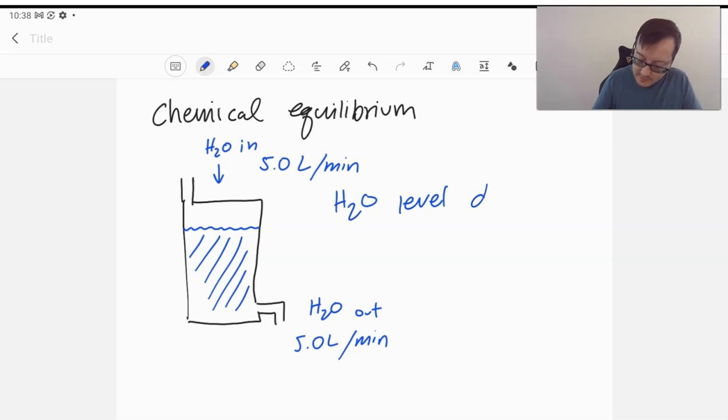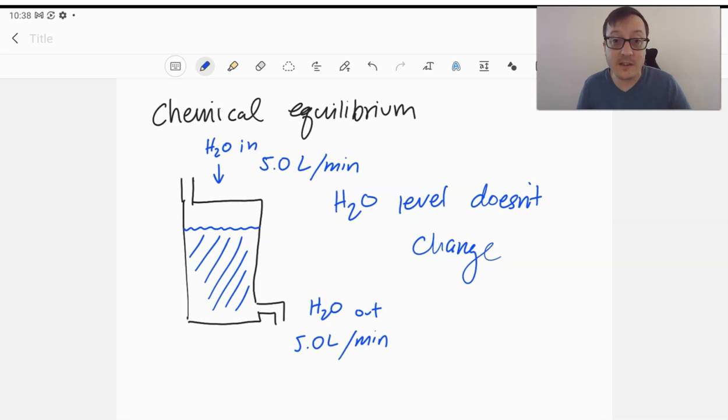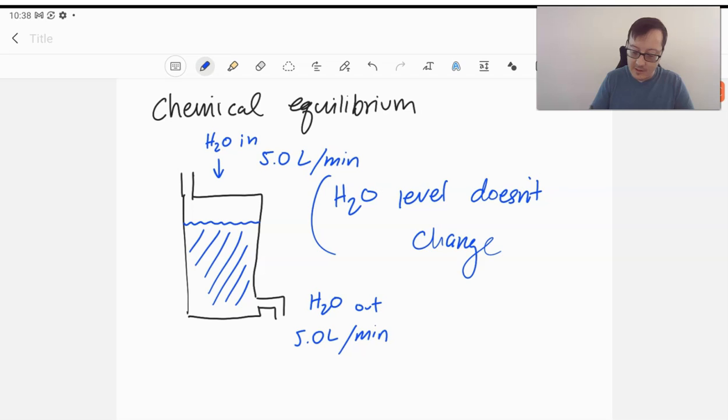The water level doesn't change. And while this is a math or physics example, because the rates of water going in and water going out were the same, the system is overall neutral. Nothing's changing with this system.